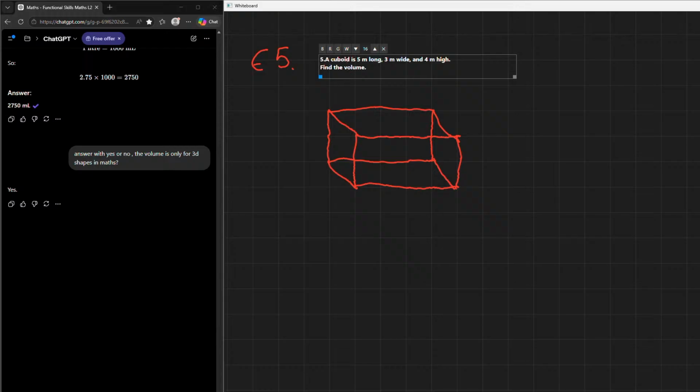So we have 5 meters wide, high, long. I think long refers to this. Wide refers to this, maybe, if I am correct. And the high should be this one.